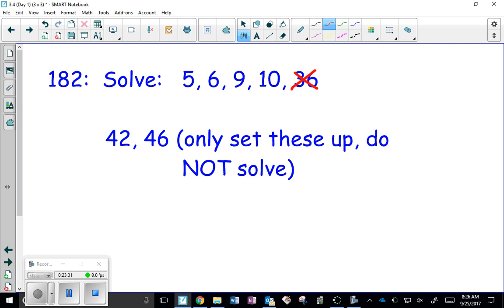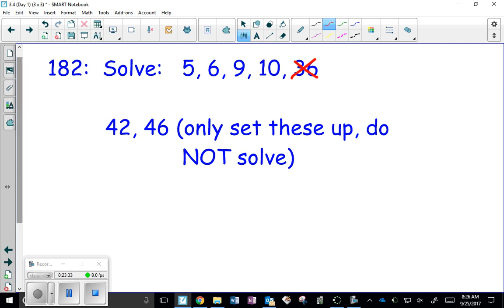Okay. On 5, 6, 9, and 10, I'm going to go ahead and tell you what your answers are so that as you're working through them, you can check them as you go. Because if you get your x wrong, then you've blown it for the rest of the problem, and that's just mean. Number 5 is giving you an ordered triplet and asking, is it part of the solution? How would I check to see if it is the solution? Yeah, plug in your x, y, and z into all 3 equations.